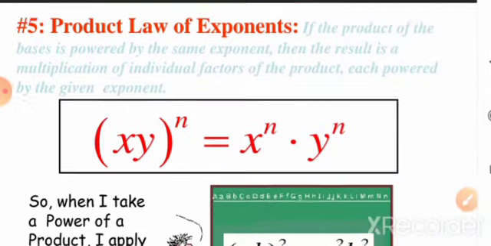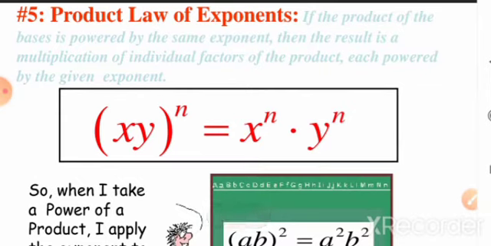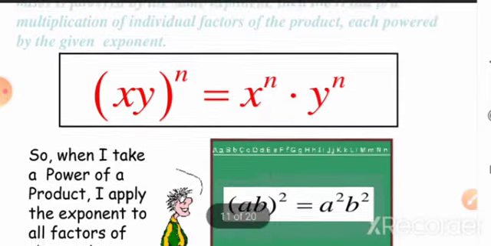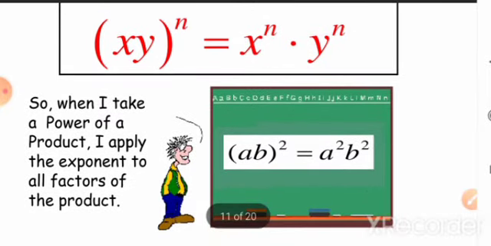the product law of exponents. If the product of bases is raised to the same exponent, then the result is the multiplication of each individual factor powered by the given exponent. Like xy power n is given.